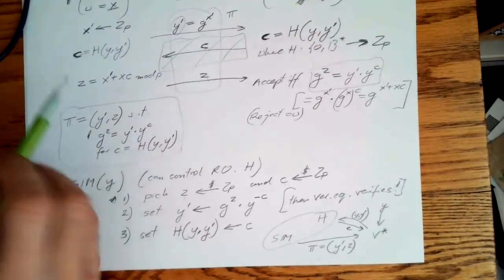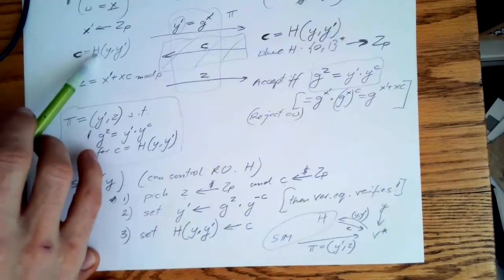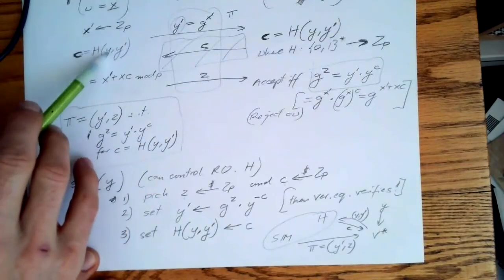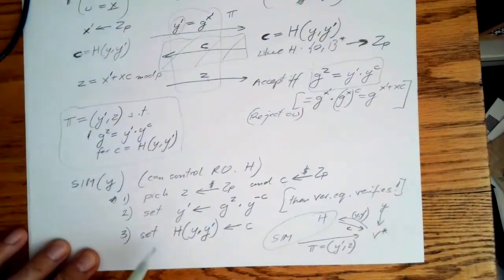The only missing piece is the c. Here I choose y prime first, and I set c to be an output of the random oracle on these inputs. And here I switch. I first choose c, based on that I choose y prime, and then I patch up the output of the random oracle.